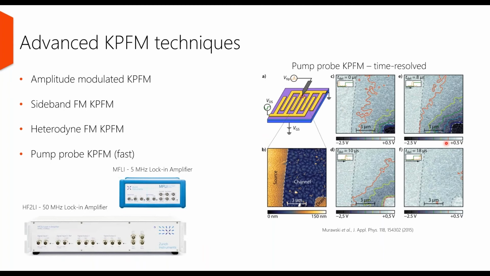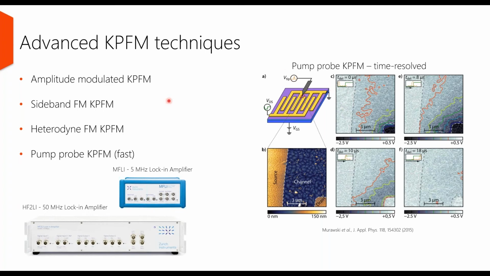So KPFM can be extended to other flavors of KPFM. What I was just describing is called amplitude modulated KPFM, but there are things called sideband, frequency modulated KPFM, heterodyne FM KPFM, which is kind of like the thing everyone's talking about now, and some things called pump probe KPFM, where you can basically freeze things in time and look at how the KPFM signal works in time.